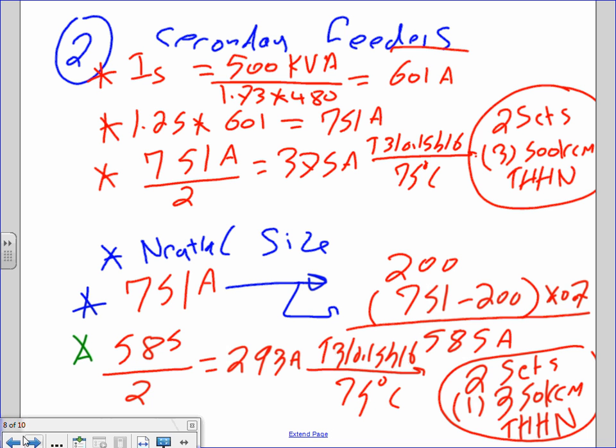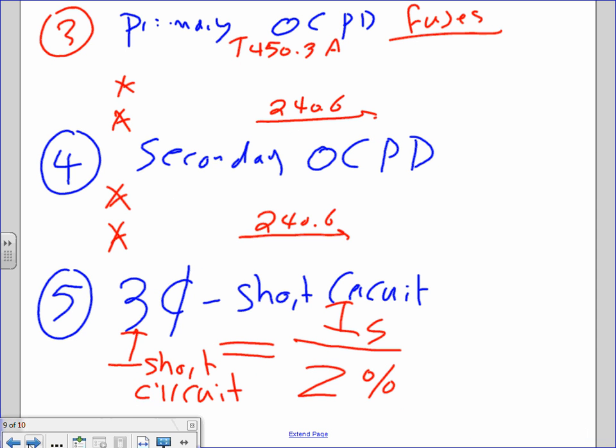Cool? Oh, we haven't figured that one yet. So the primary overcurrent protection device. Now let's go to the primary overcurrent protection device. On the primary side, you go to table 450.3A, you take 3, because it tells you so, multiply it by 69.4, and that will give you 208 amps.